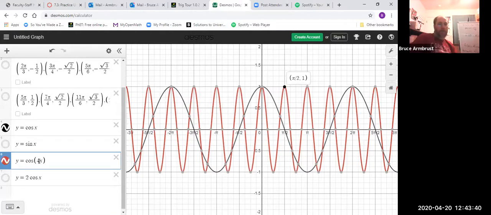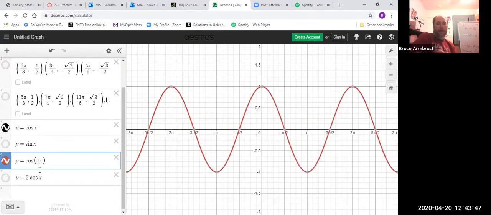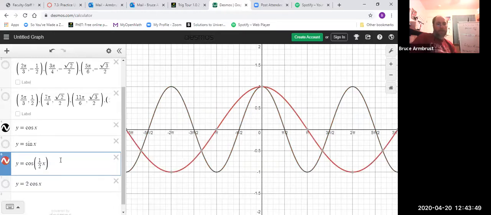All right, well, alternatively, let me make that smaller. So now I made it y equals cosine of 1/2 x. So that's our red line. And notice now it's been stretched out. It's going to take us longer to go from peak to peak or trough to trough. Now in my graph, I don't have another peak, so let's go look at the troughs.